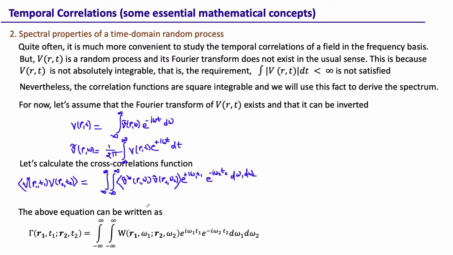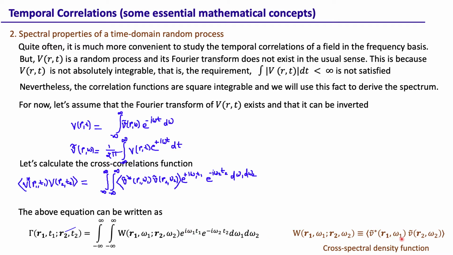And this equation actually can be written like this, where this is the cross correlation function of r1 t1 r2 t2, and this quantity we are writing as W r1 omega 1 r2 omega 2. Of course, this remains the same, and this quantity is called the cross spectral density function.